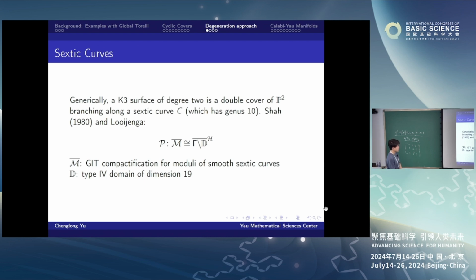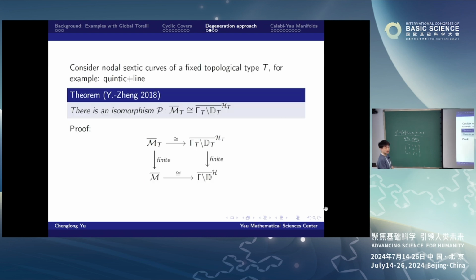Right, so that's the basic case, and we consider degenerations of, or singular loci for, those moduli spaces.